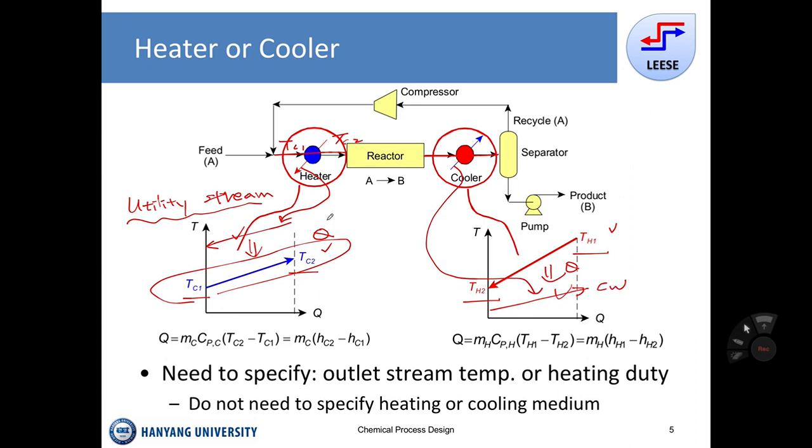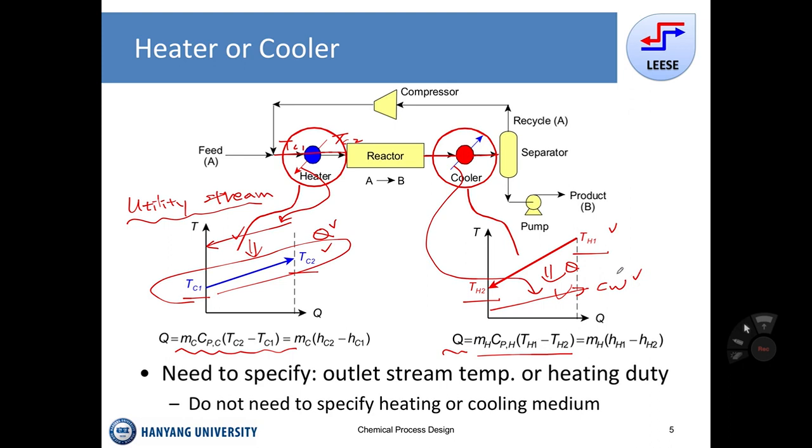So if I want to just know the amount of steam for this process, what I need is to just calculate this one, MCp dT. If I want to know the cooling water flow rate requirement for this cooler, what I just need to find out is the Q from that equation, MCp dT.